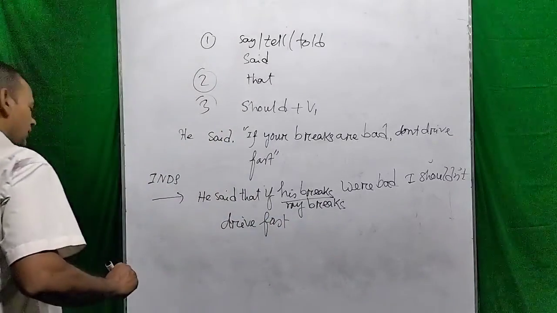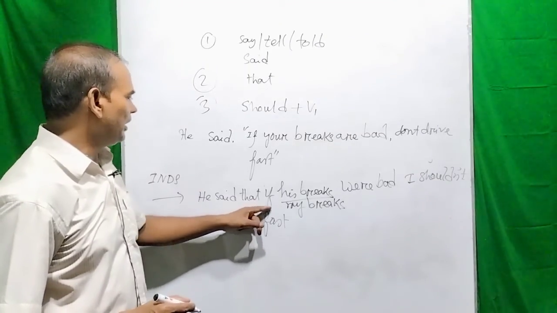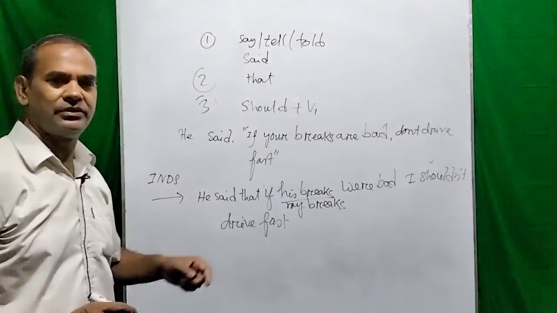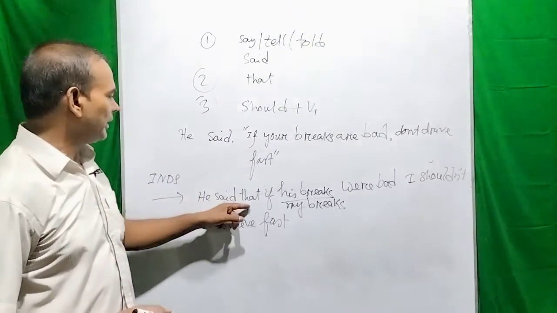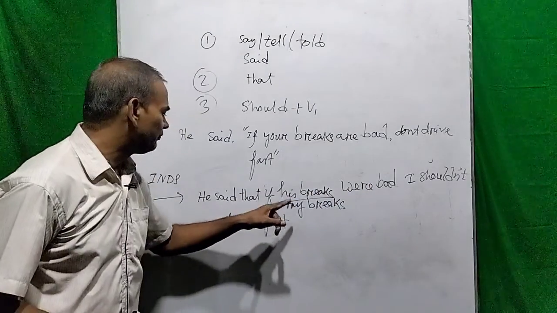Dear viewers, I shouldn't drive fast. He said that if his brakes are bad, I shouldn't drive fast. He said that if his brakes were bad, I shouldn't drive fast.